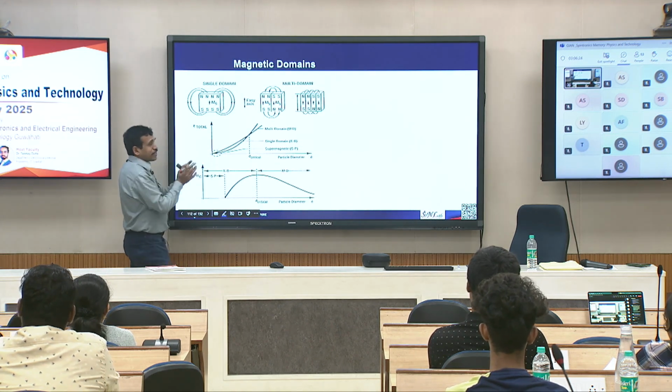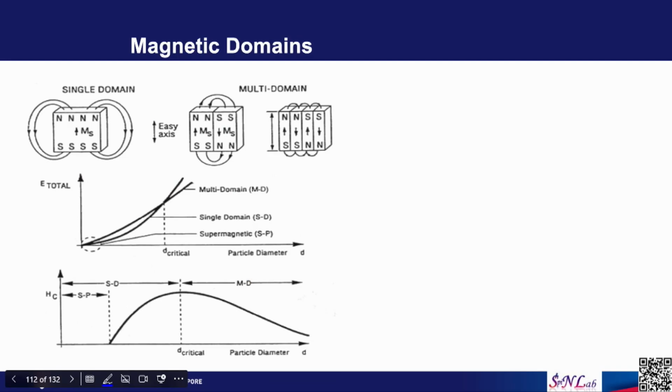Okay, let us say you prepare particles. You do some chemical process and you prepare nanoparticles. These nanoparticles have a certain diameter.